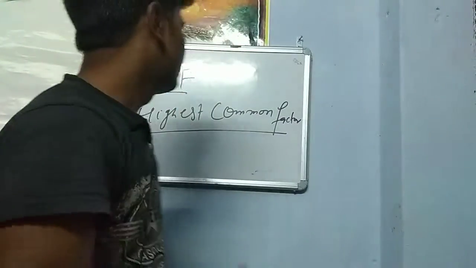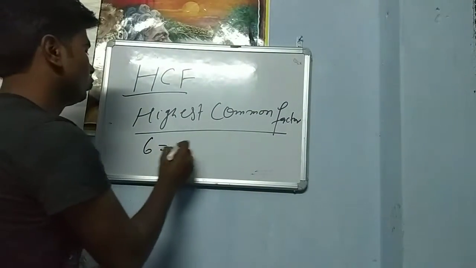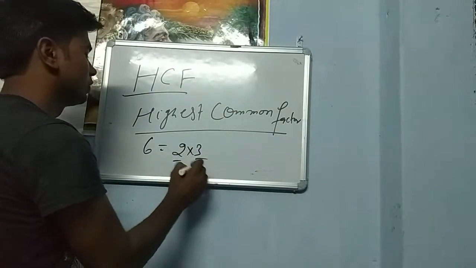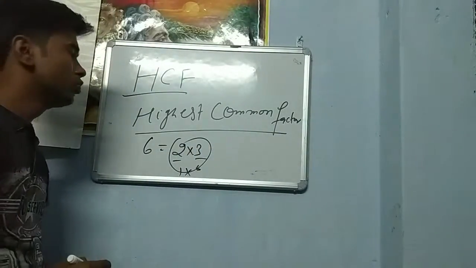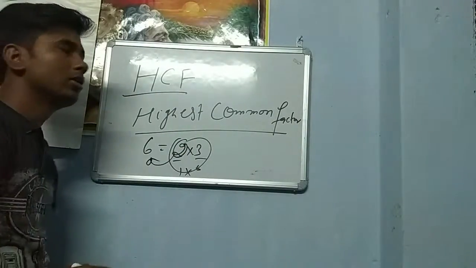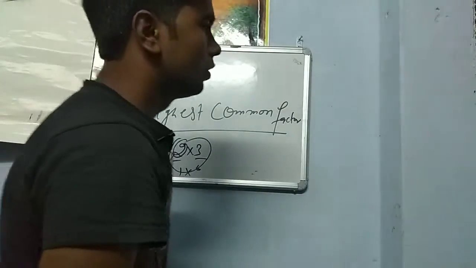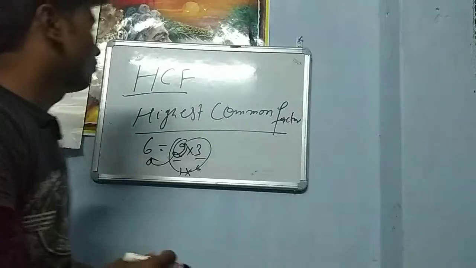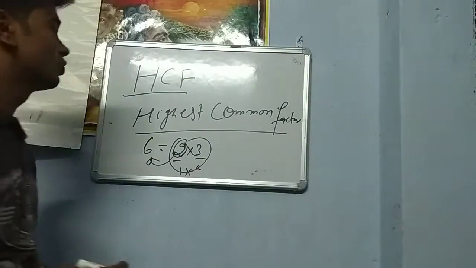particular number. Suppose we have 6, so 2 and 3 and 1 and 6 are its factors. So it means that this factor will divide this 6. So similarly, when we take two numbers and they have common factors, the highest common factor is called HCF.